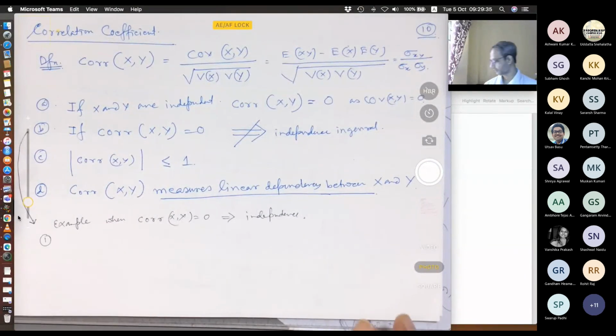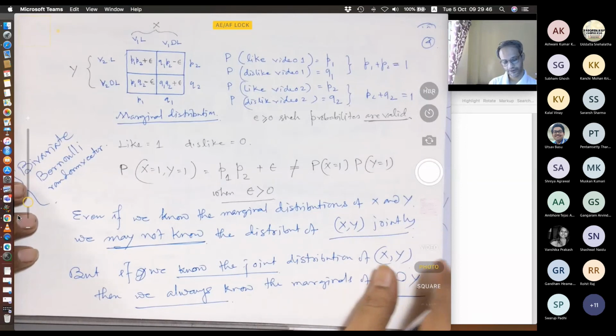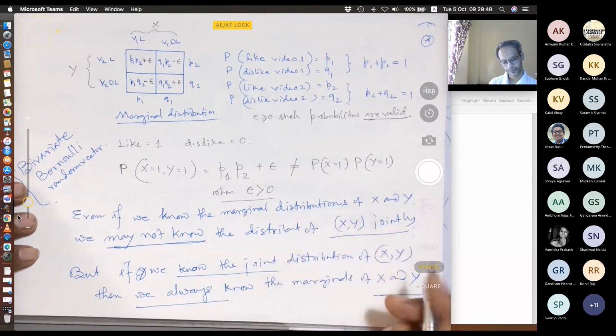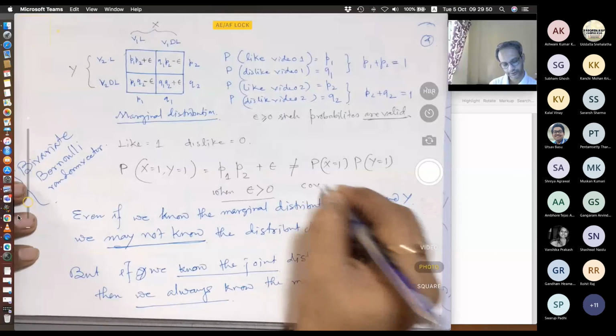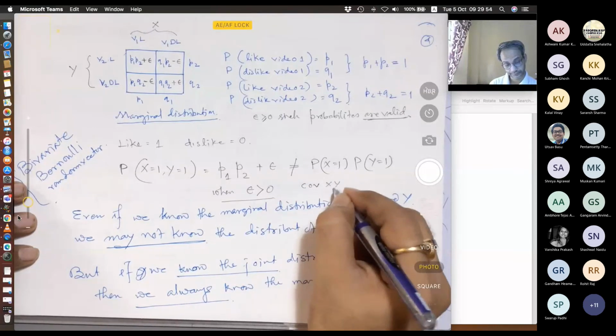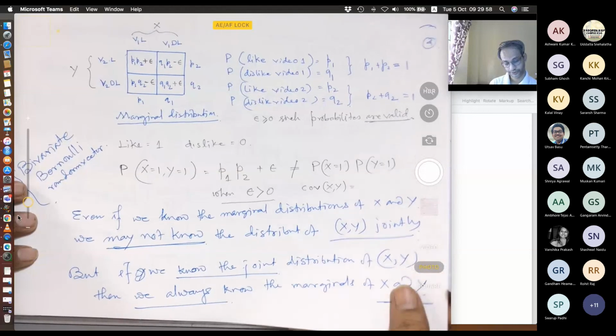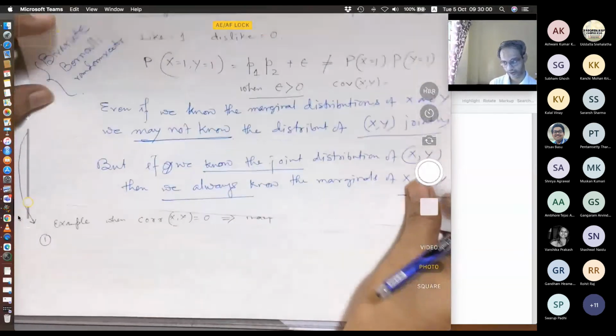Okay, so you come back to this situation once again. Can you please tell me what will be the covariance of xy, so that I can write it here?